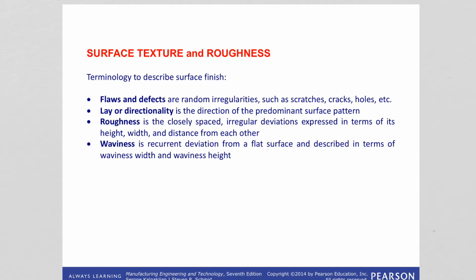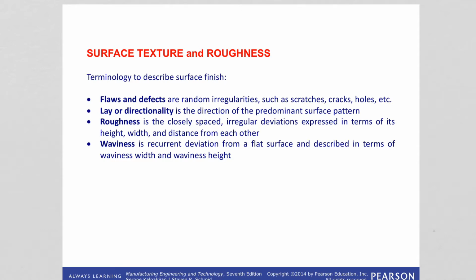What is waviness? It is defined as the deviations of much larger spacing. It is measured and described in terms of the distance between adjacent crests of the waves. We call it waviness width, and the height between the crests and valleys of the waves, waviness height.